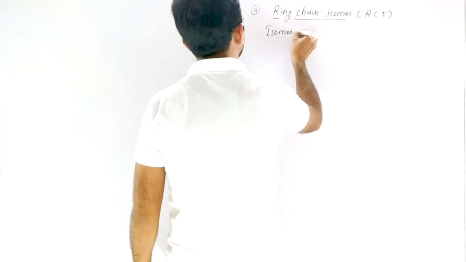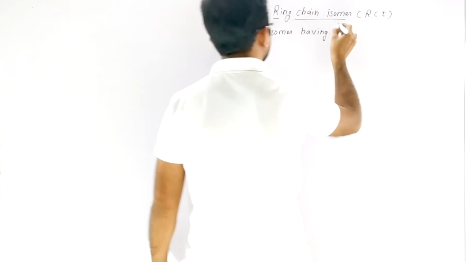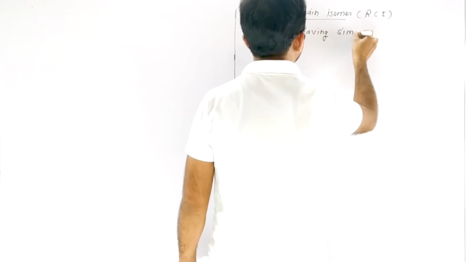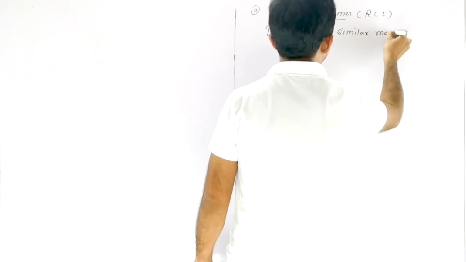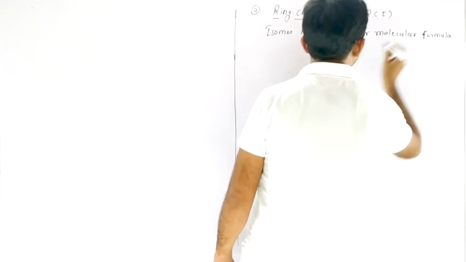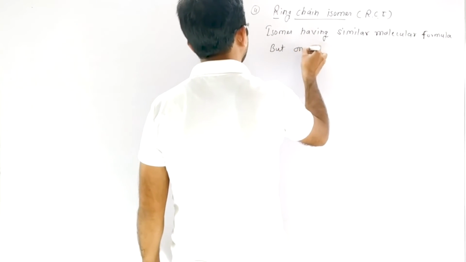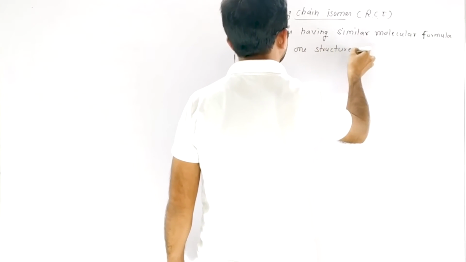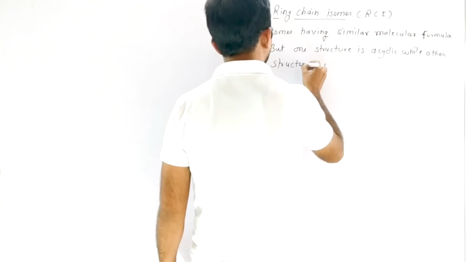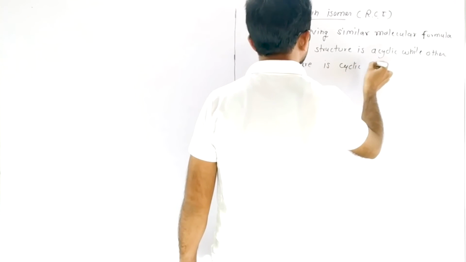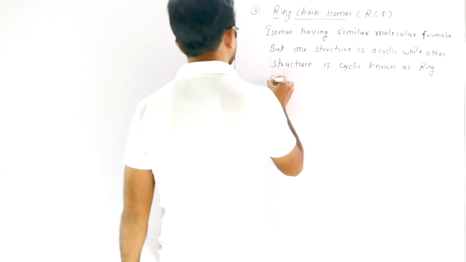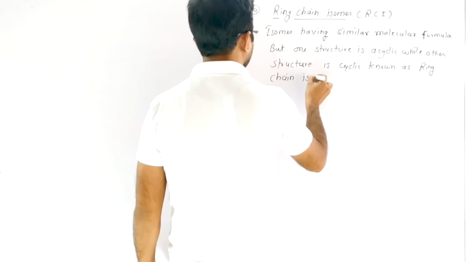Isomers having the same molecular formula, but one structure is acyclic while the other structure is cyclic, are known as ring chain isomers.